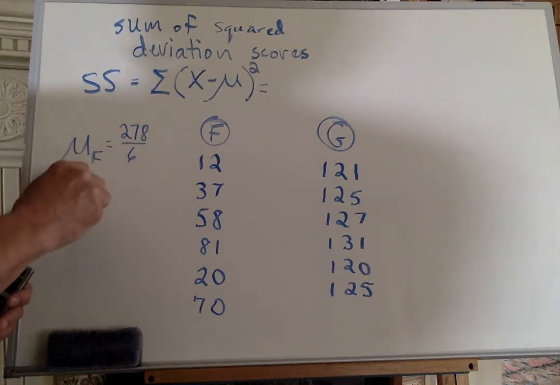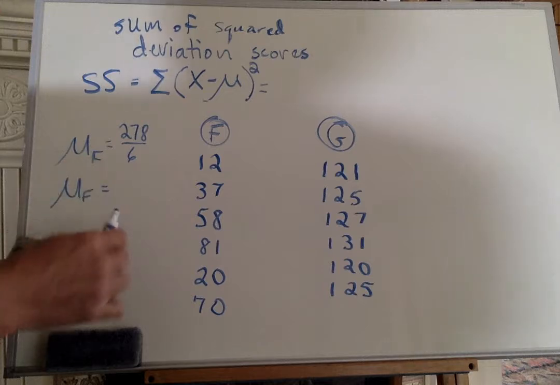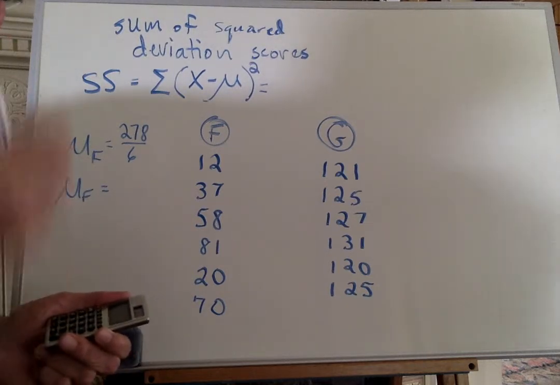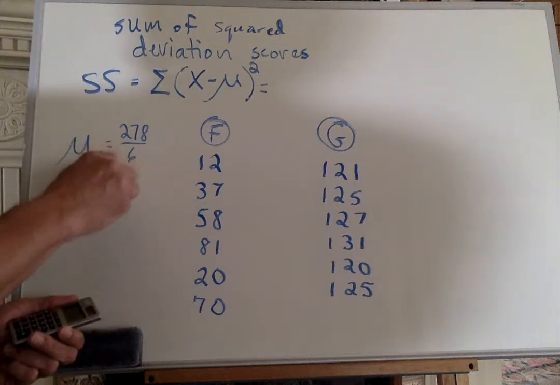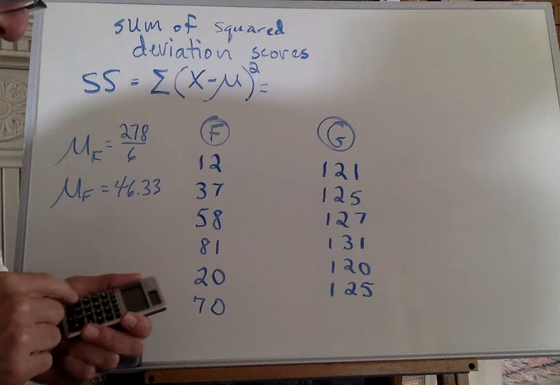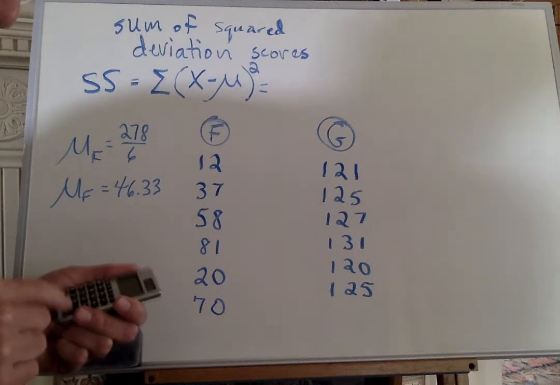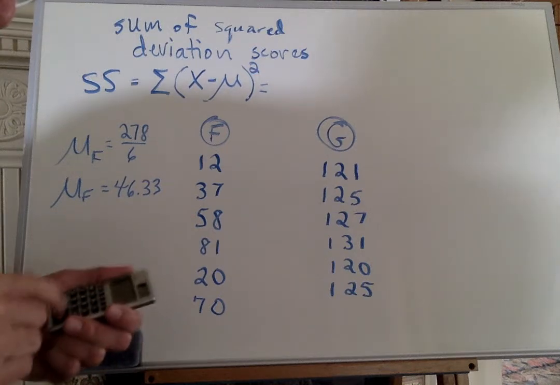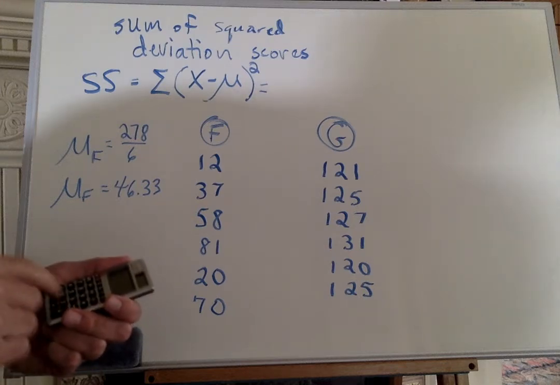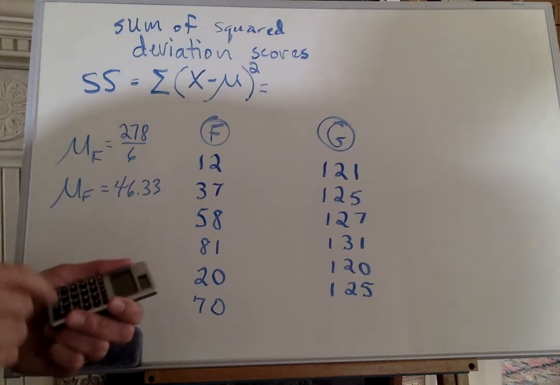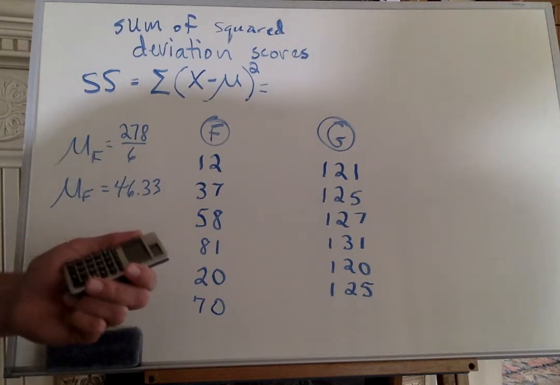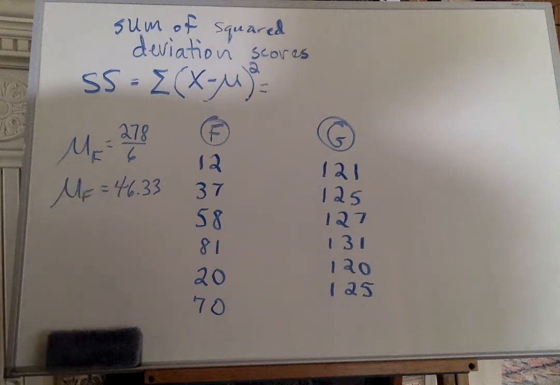So our mean in this case is 46.33. Okay. And I'm going to double check just because I don't want to make a mistake. 12 plus 37. You should always double check. Why wouldn't you? Okay. 278 divided by 6. So our mean 46.33. Okay.